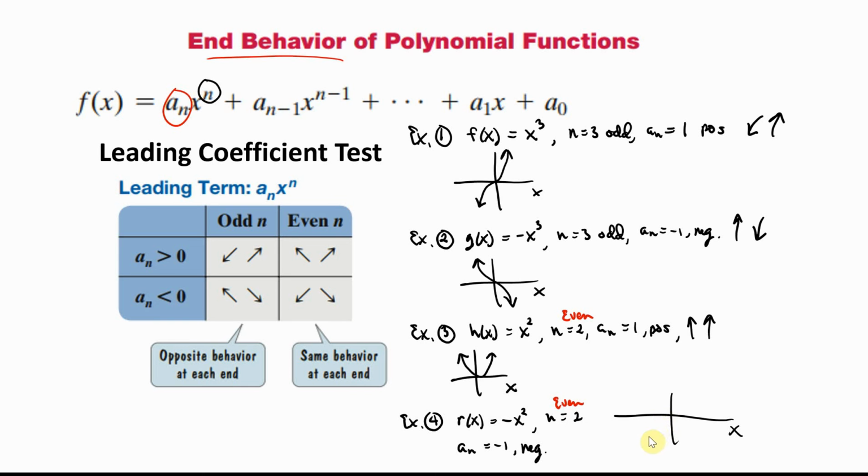This way, it falls to the left, it falls to the right. Just the end behaviors that we did. Now in between, we've got to figure that out. How many times can I do that, right?